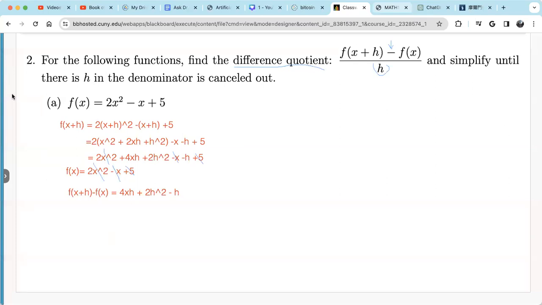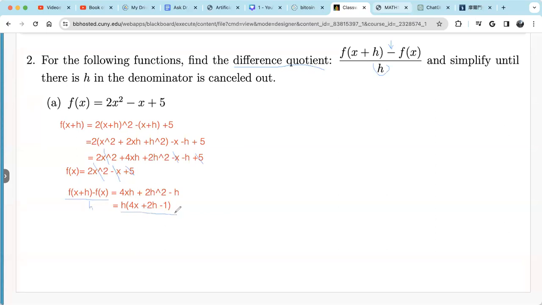Now we divide by h. Actually, we see h is a common factor of these 3 terms. So let's factor out h. Then we have 4x plus 2h minus 1, okay? Then once we finish this, let's divide by h.